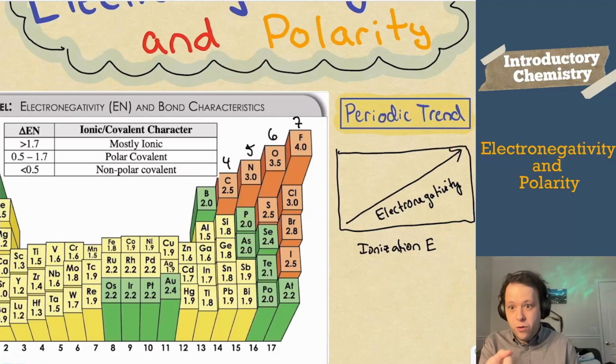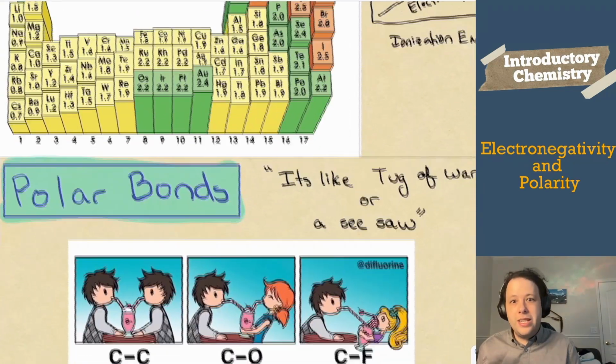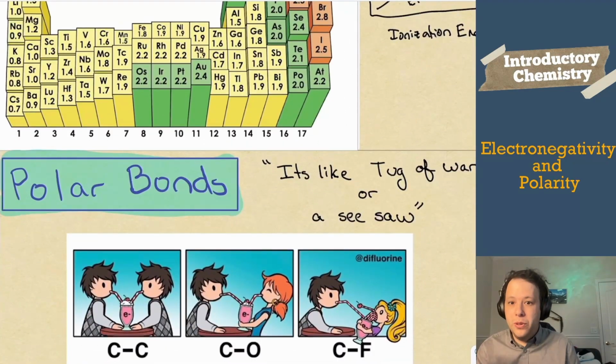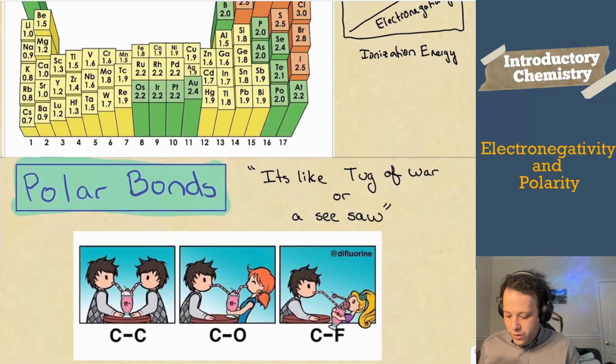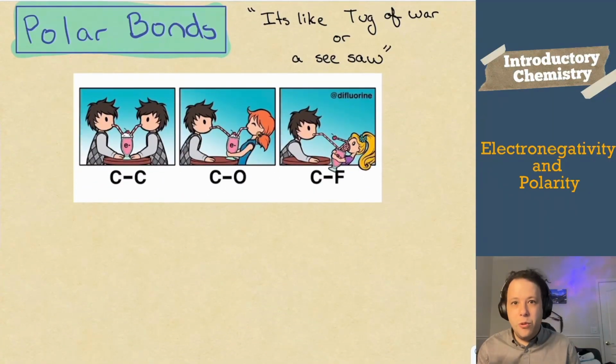In fact, they're on the border of becoming ionic, that's how much this uneven sharing is. So let's look at that and try to understand this trend and see how it will be applied. Most of this has to do with bonds, in fact, polar covalent bonds. And it's very similar to a tug of war, or almost like you're on a seesaw between two different atoms.